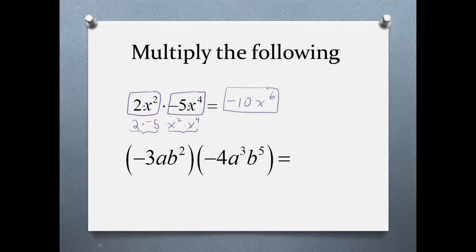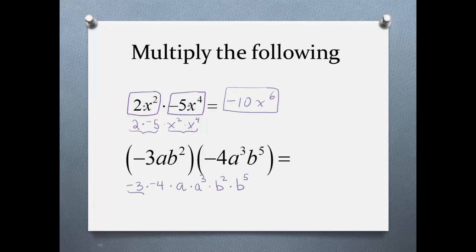In the second example here, negative 3ab squared times negative 4a cubed b to the fifth, I can again rearrange the factors if I want to so that the coefficients are next to each other, the factors that involve an a are next to each other, and the factors that involve a b are next to each other.